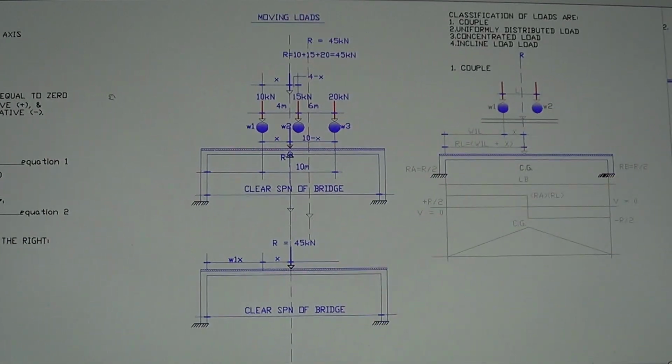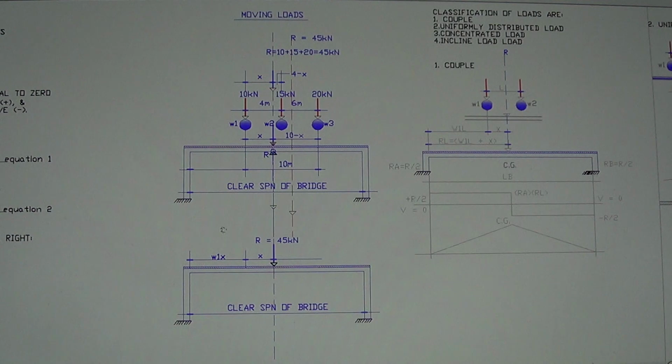Now here's the application of the resultant force. So you need that x to pinpoint the actual location of the resultant force on the bridge based on the distance of wheel 1. These moving loads can move around, depending on the position.